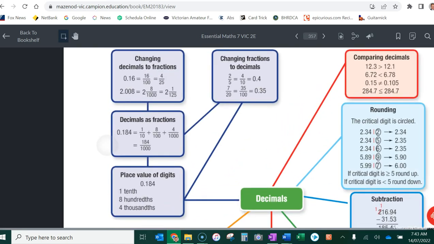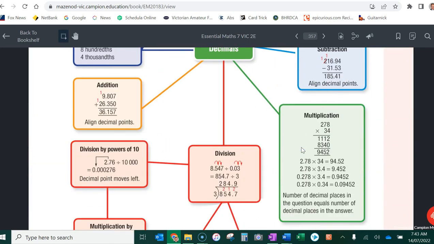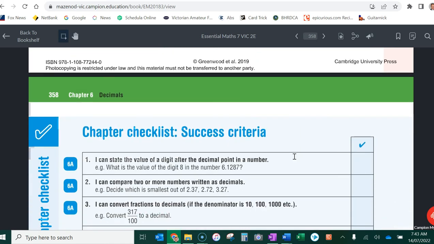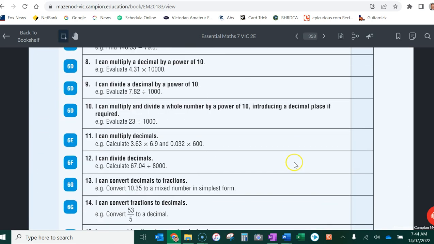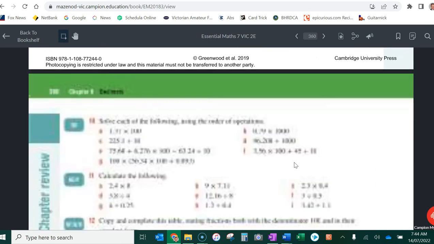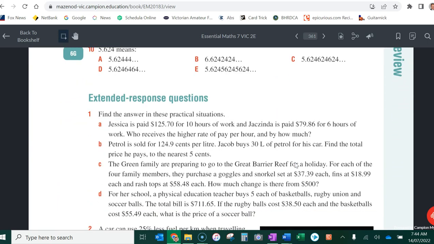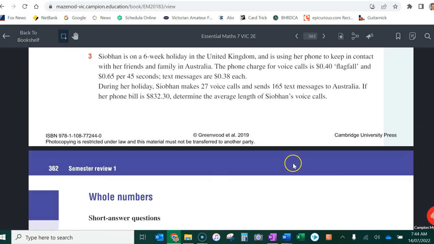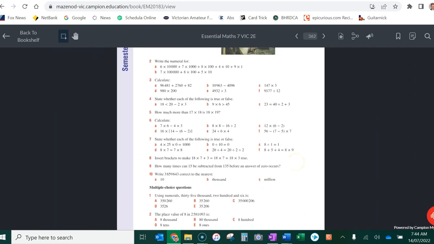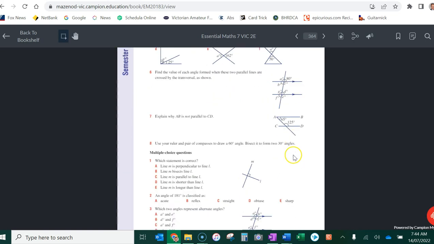Through here, get some of these ideas and key statements into your summary book. Notice this is a summary here, so you should be putting these into your summary book. Use the checklist to check that you can do that. Then go over the chapter review, but only the sections that we did. Of course, you're not going to be looking at the others for our test.